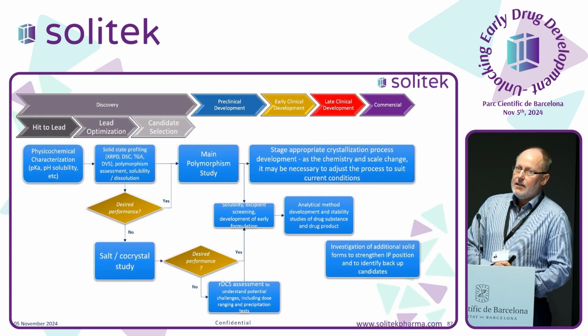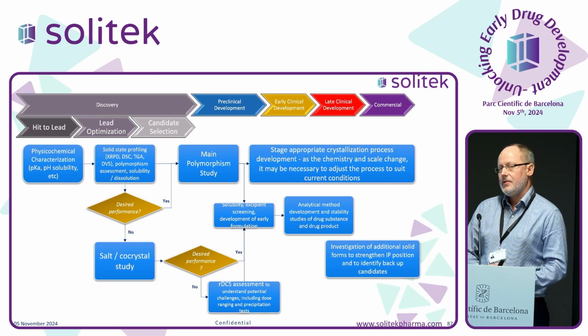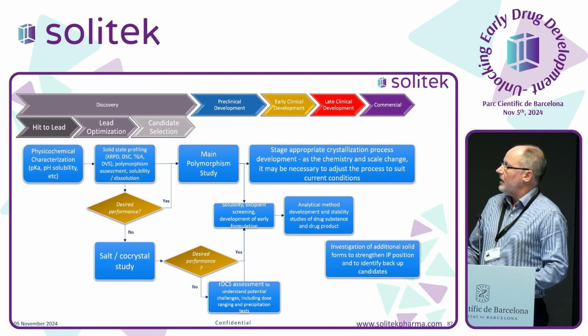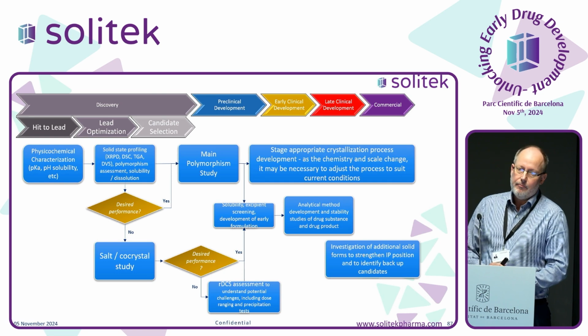So if we consider the development of a new drug product from early discovery all the way through preclinical development, through the clinic, and to commercial phases, there's a number of processes or tasks to complete during this. So initially, we're going to be looking at some basic physicochemical characterization.